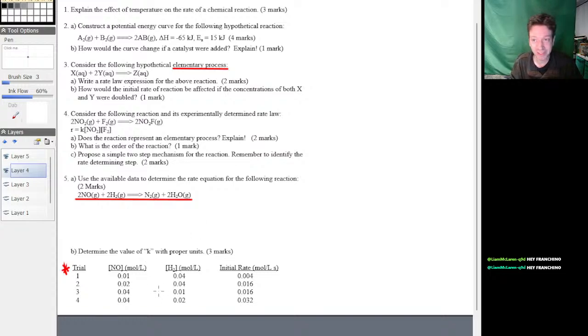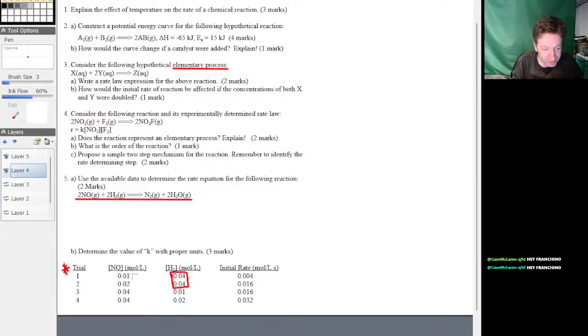We have to look at the experimental data. So let's start by looking at how we got nitric oxide here. How does its concentration changing affect the rate? So to figure that out, we need to look at what 2 trials keep hydrogen constant. So hydrogen is constant in trials 1 and 2.